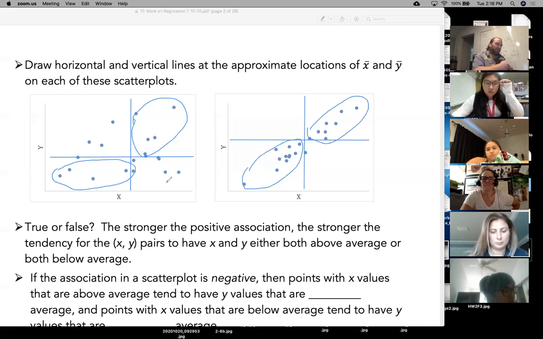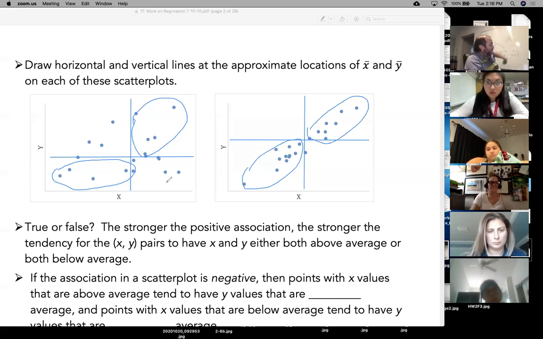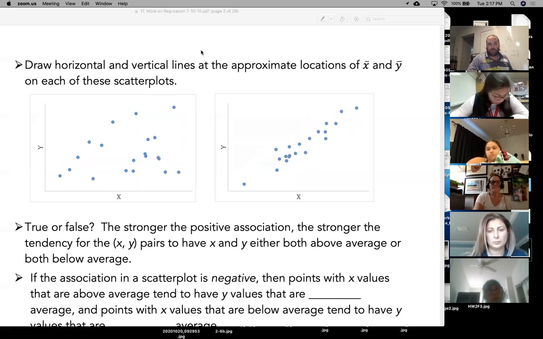The more strongly correlated it is, the more you're going to have it in the top right, bottom left. And the weaker correlated, the more spread out it's going to be, and you'll have some in the top left and some in the bottom right as well. And we're going to see exactly how that manifests itself mathematically as we go further.